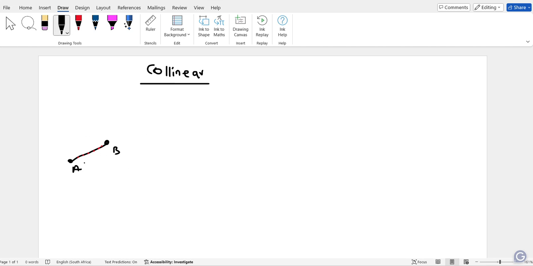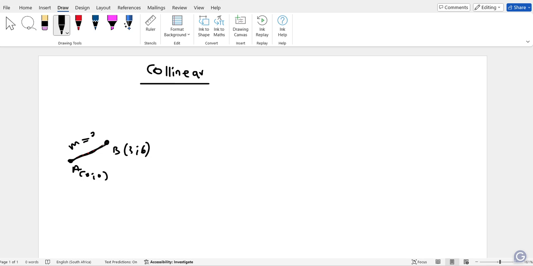In the previous lesson, let's use the same example, we had 0 and 0, and here we had 3 and 6, and the slope of this line was equal to 2.